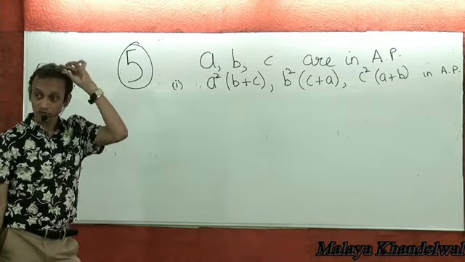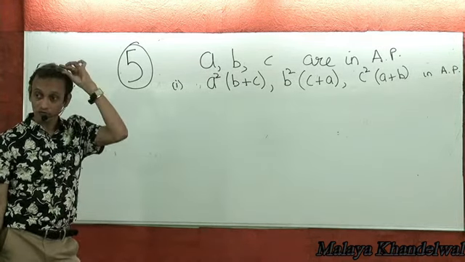So this would be true if and only if A into B plus C by BC plus 1, B into C plus A by CA plus 1, and C into A plus B by AB plus 1 are in AP. This would be true if these are in AP.